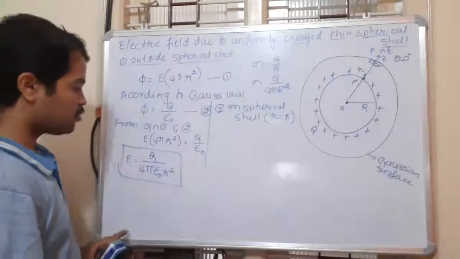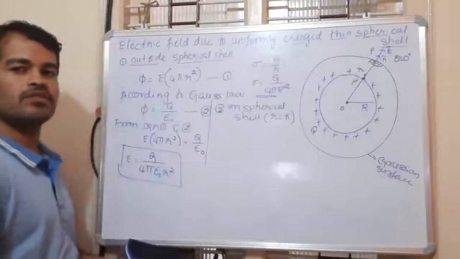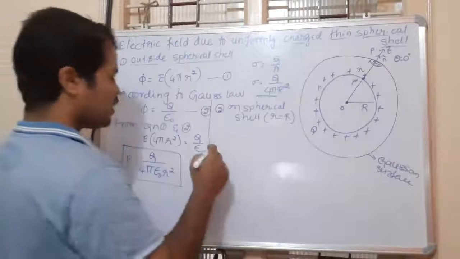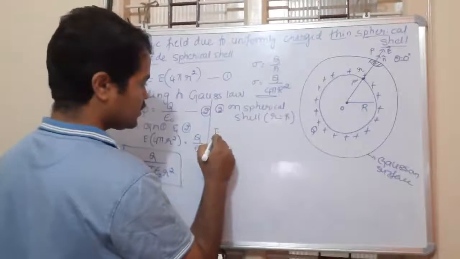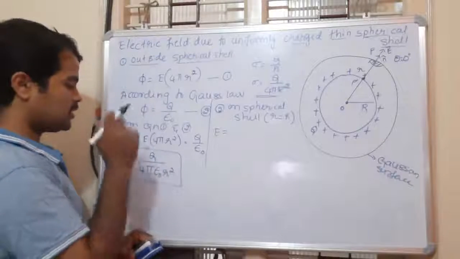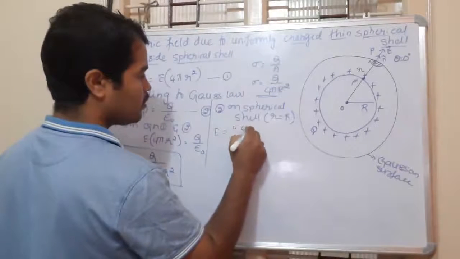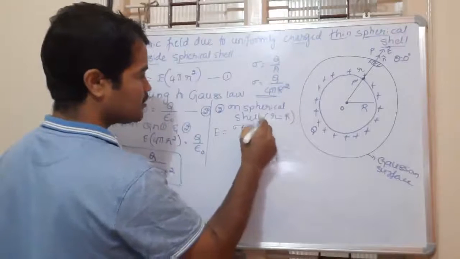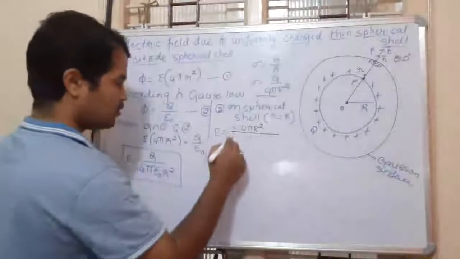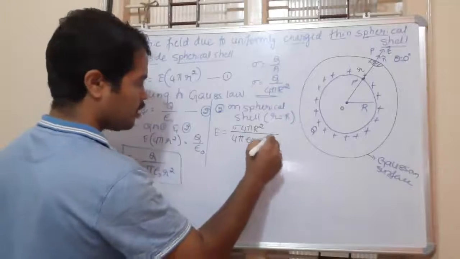Now I am going to use the formula for Q in place of Q. Let me see what happens. The electric field E equals, Q means sigma 4 pi r square, divided by 4 pi epsilon naught into small r square.